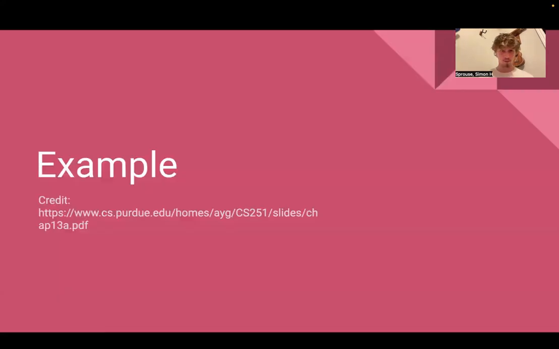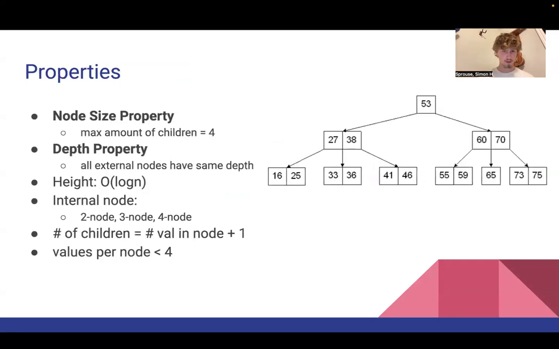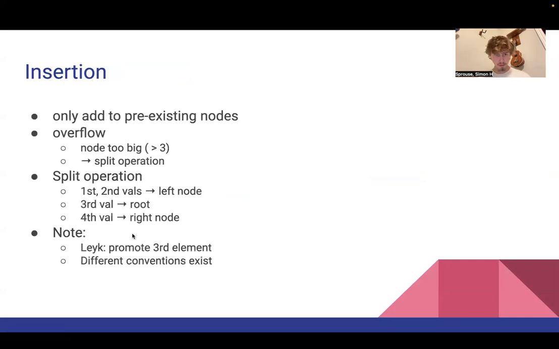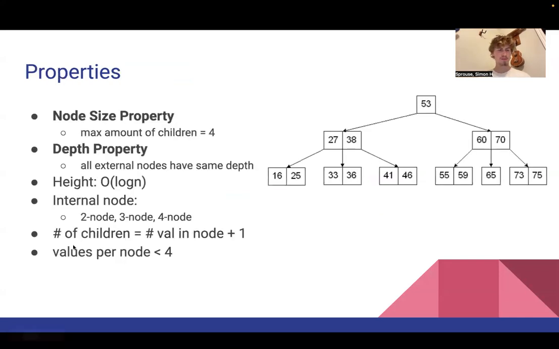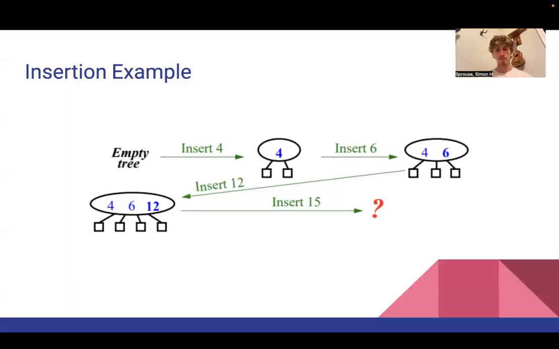I think that formula was over here somewhere. Yeah, if you're looking at this slide and you see number of children is equal to number of values in node plus 1, don't get freaked out. That's just saying that when you actually do these inserts, this is how many ways you could separate the children based on the things that are in each node.